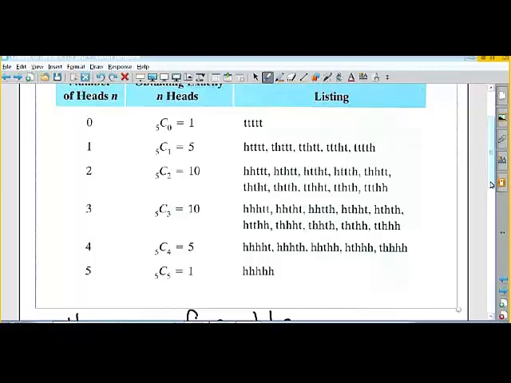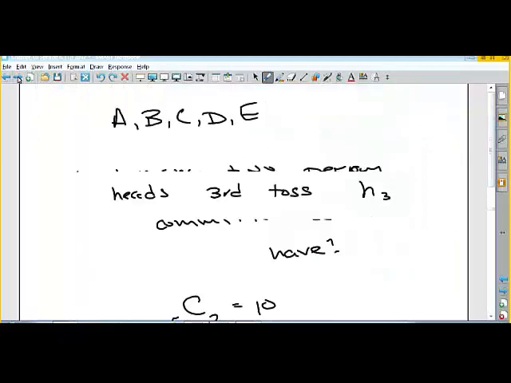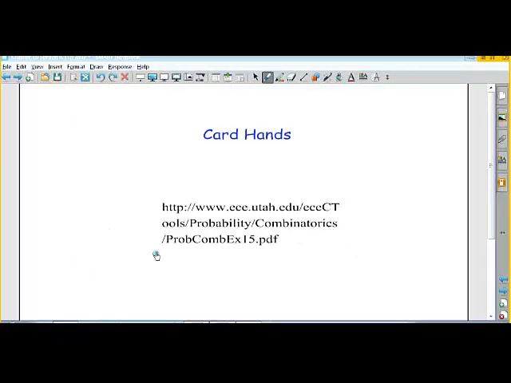Okay. So the point you should get out of this is there are going to be instances where we can use the combination formula for things that may not initially seem like combinations. And there's another example right here. I'm not going to ask you to do anything as complicated, but let me.